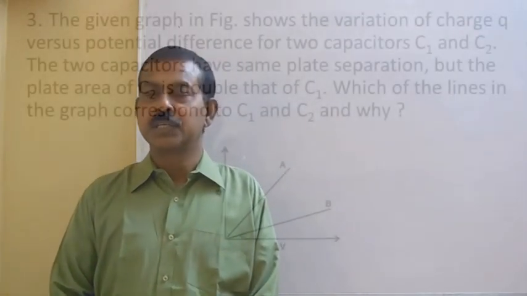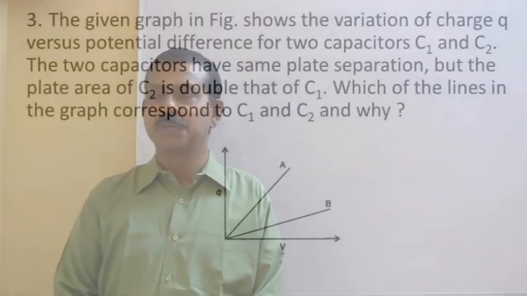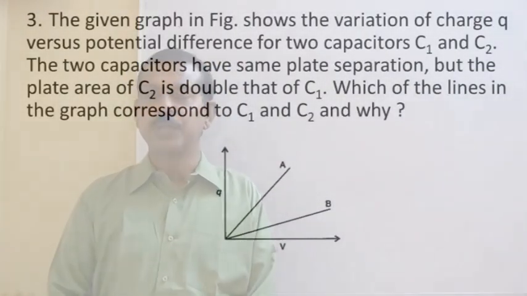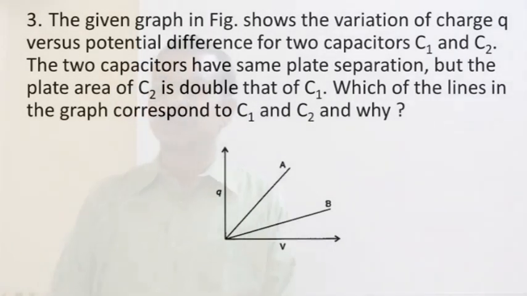Next question. The given graph in the figure shows the variation of charge Q versus potential difference for two capacitors C1 and C2. The two capacitors have same plate separation, but the plate area of C2 is double that of C1. Which of the lines in the graph corresponds to C1 and C2 and why?